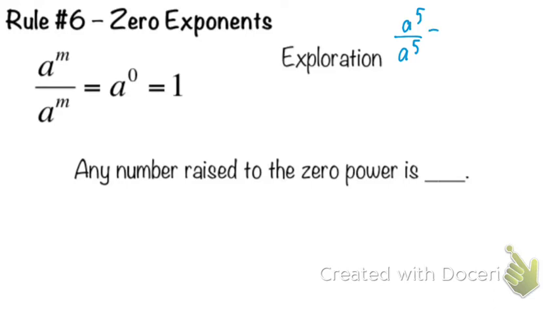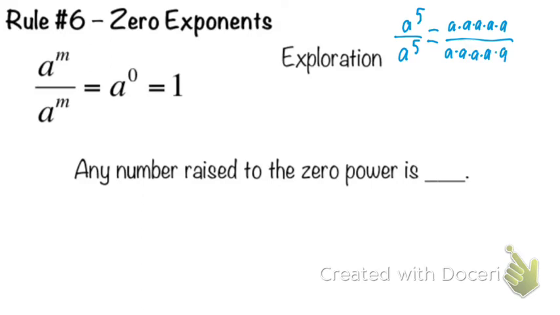Now we said that a to the 5th is really how many a's being multiplied together? 5. A times a times a times a times a, over the same thing on the bottom: a times a times a times a times a.